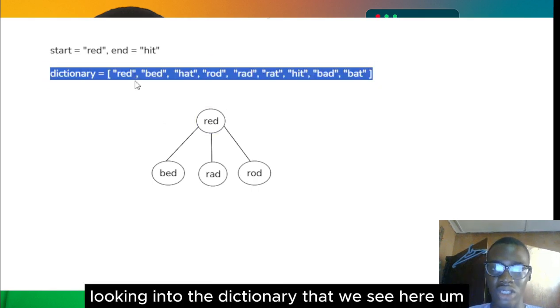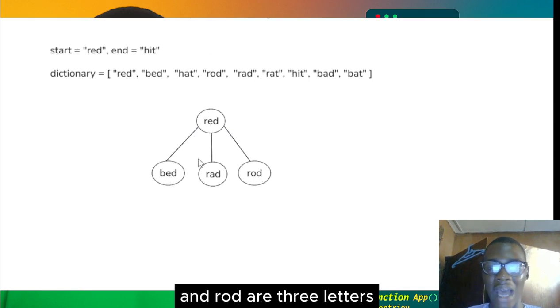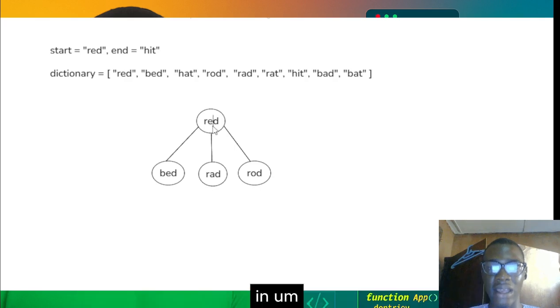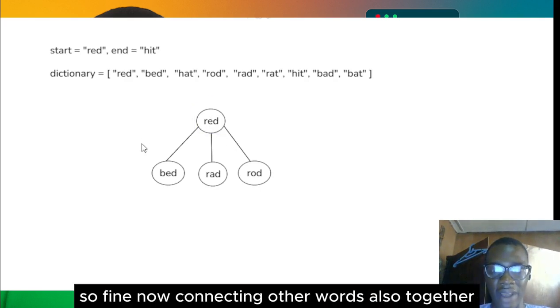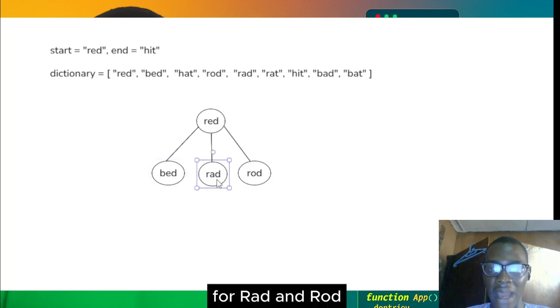Looking into the dictionary that we see here, we see that bed, rad, and rod are 3 words that could be formed by just changing a single letter in the start word, right? So now, connecting other words also together, doing the same thing for bed, for rad and rod.